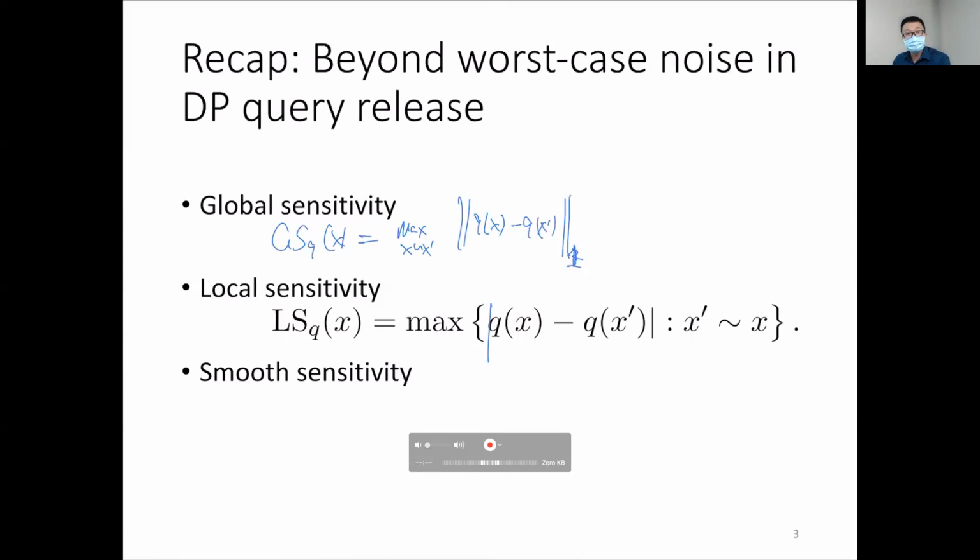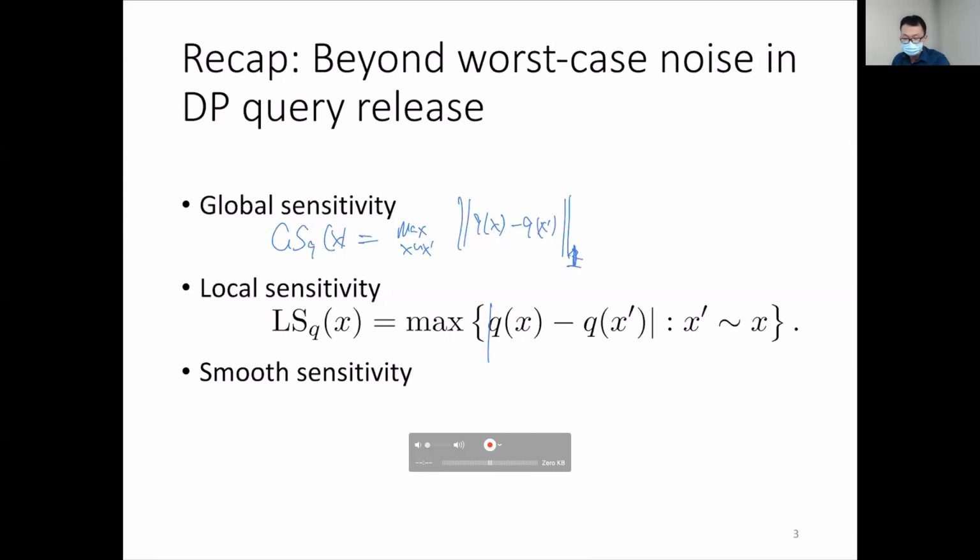But what we've seen with the examples in the last lecture is that the global sensitivity can sometimes be way too large for this noise adding approach to return anything useful in practice. The example that we gave was the median. There always exists a somewhat pathological data set where, after we add or replace one individual data point, the median can go from the smallest possible value in the domain to the largest possible.